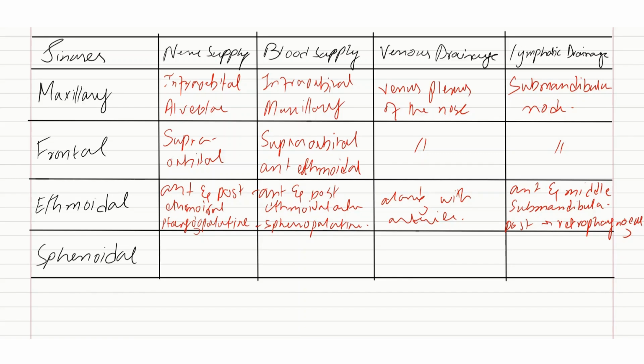Since the sphenoidal sinus comes after the ethmoidal sinus, the ethmoidal sinus will share its nerve and blood supply with the sphenoidal sinus. So the sphenoidal sinus is supplied with posterior ethmoidal nerves and the same pterygopalatine orbital branches.